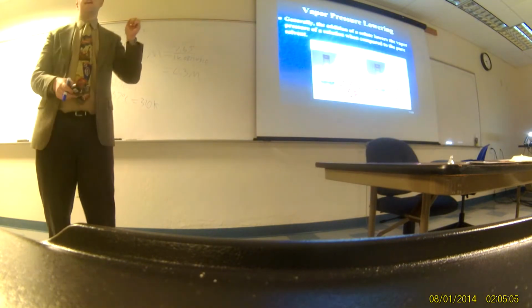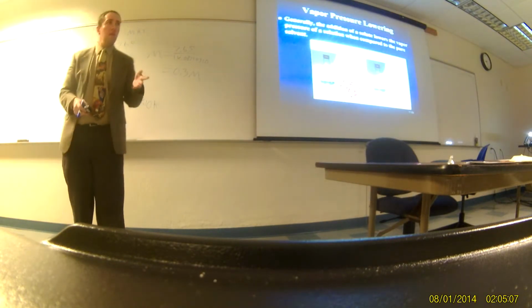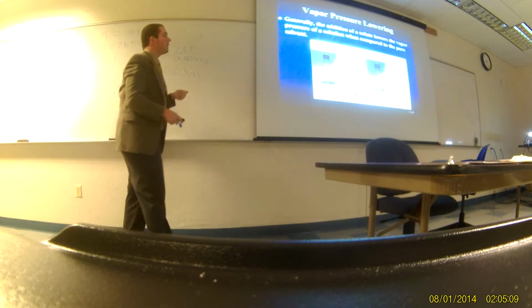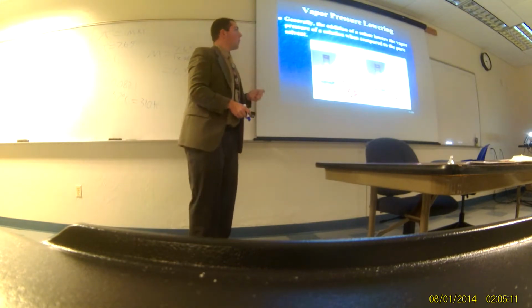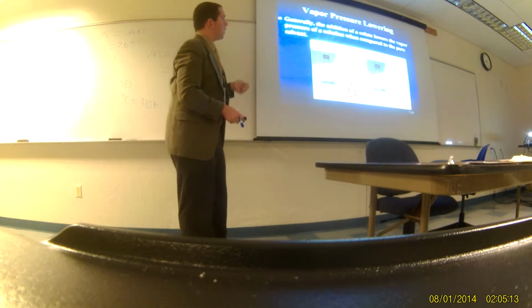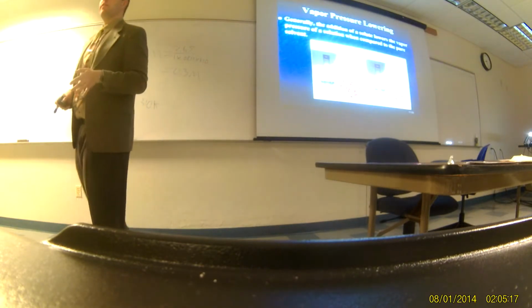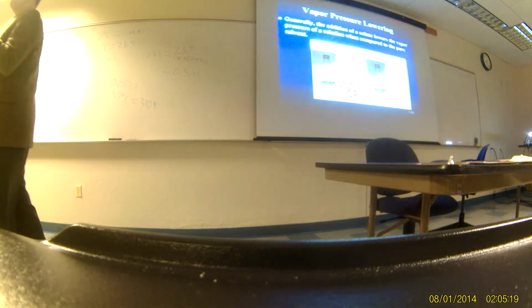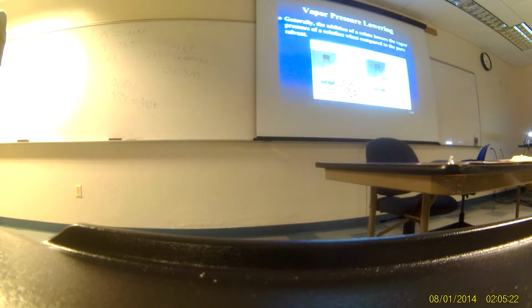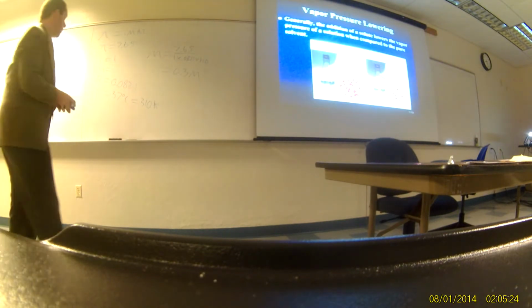So that's osmotic pressure. Our second colligative property is vapor pressure lowering. For the most part, when we add a solute to a solvent, the vapor pressure of that solvent goes down. So we talked about vapor pressure a while ago.